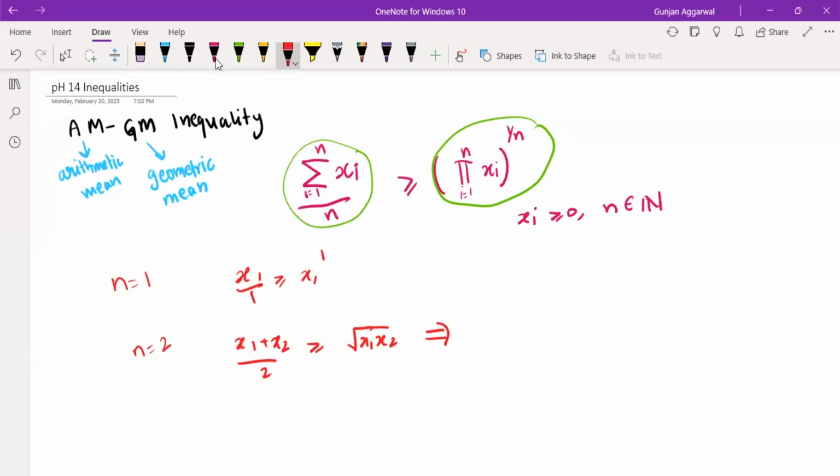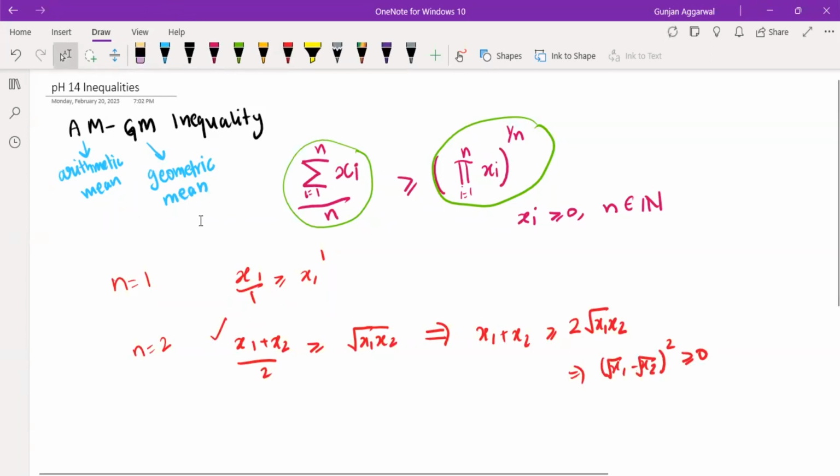If you multiply 2 both sides, it's x1 plus x2 greater than or equal to 2 root x1 x2, which is just root x1 minus root x2 whole square greater than or equal to 0. This is always true. So that's that.